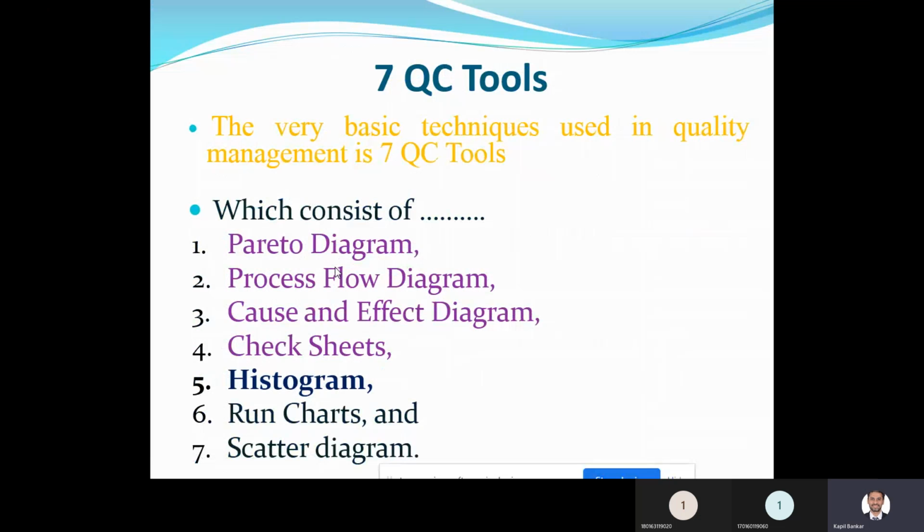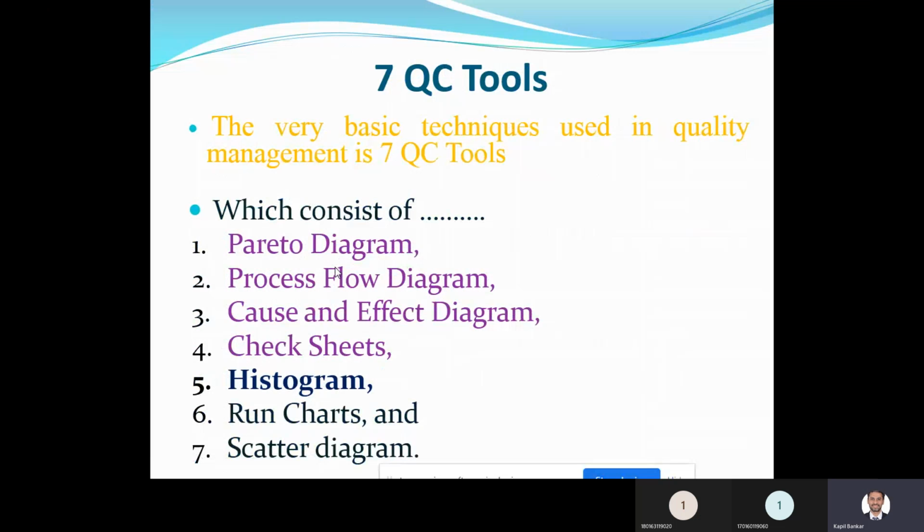And this Pareto diagram resembles the histogram. Pareto diagram is also known as the 80-20 rule. What is the 80-20 rule? It means 80% of the problems are caused by 20% of the items. So Pareto diagram is also known as the 80-20 diagram.